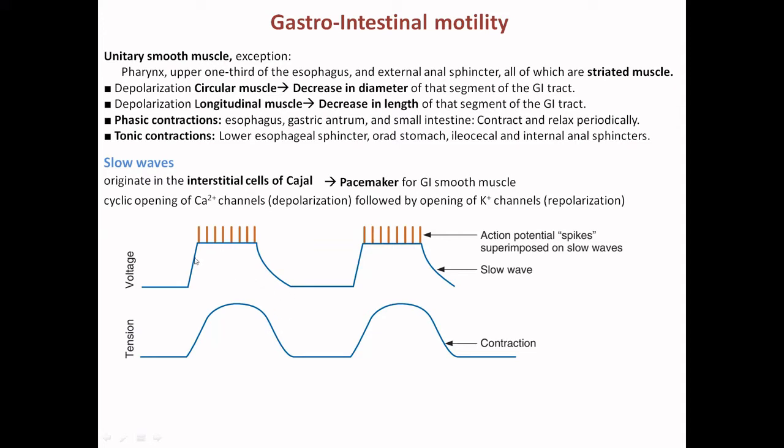So when the depolarization happens, it takes the level of depolarization of the smooth muscles to a threshold level. When they reach the threshold level, the action potential spike is seen at the peak of the slow waves. So when a slow wave is superimposed with the action potential, it coincides with the tension of the muscles present in the GI tract; tension means there is a contraction.